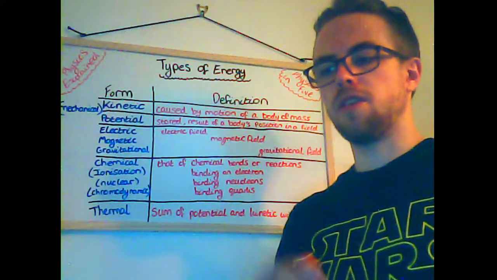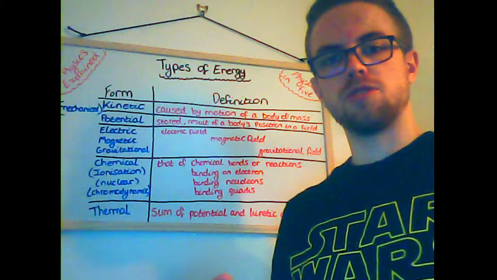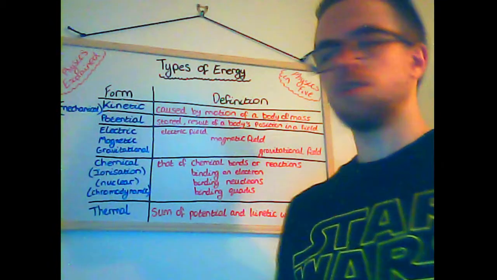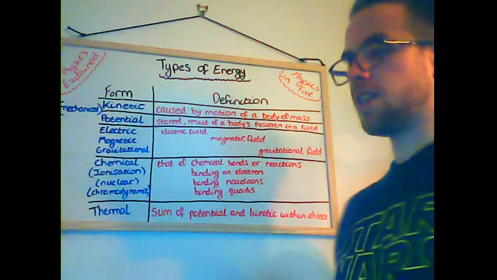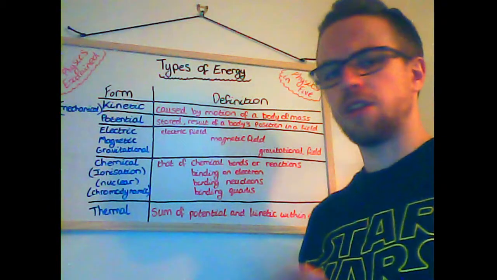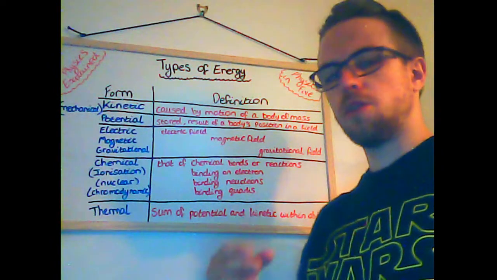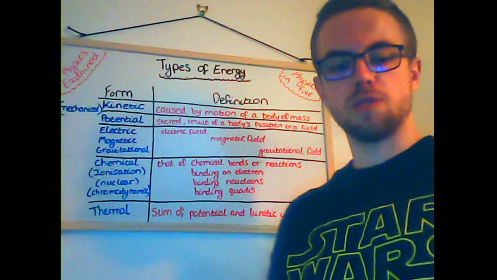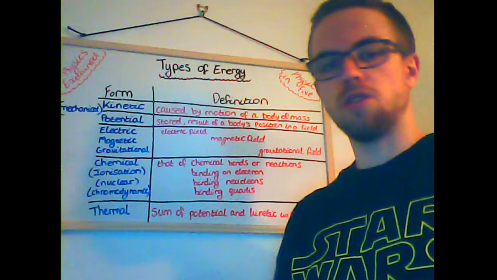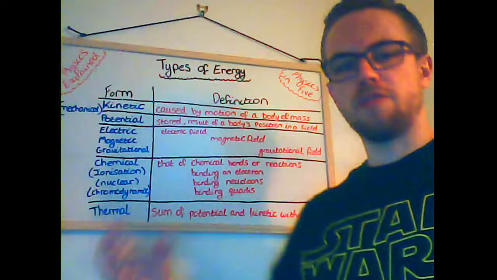It's to do with the bonds within atomic structures and the energy that they store. And finally, thermal energy. Now thermal energy is a weird one because it's actually not a thing. Thermal energy is a result of molecules inside a substance or an object or a material, even in the air, moving within a field.